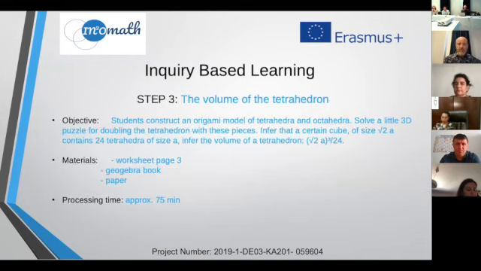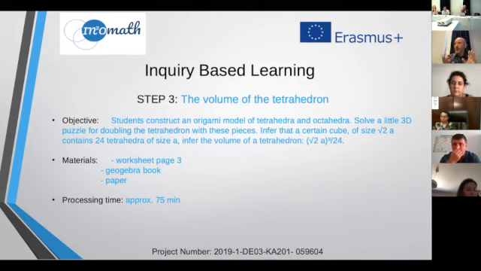It's a simple volume growth of any shape, the volume of the tetrahedron, arriving, maybe, it depends on the students, at the volume of the tetrahedron with square root of 2 times a to the cube divided by 24, if a is the side of the regular tetrahedron, because there are 24 tetrahedra that compose this large cube.